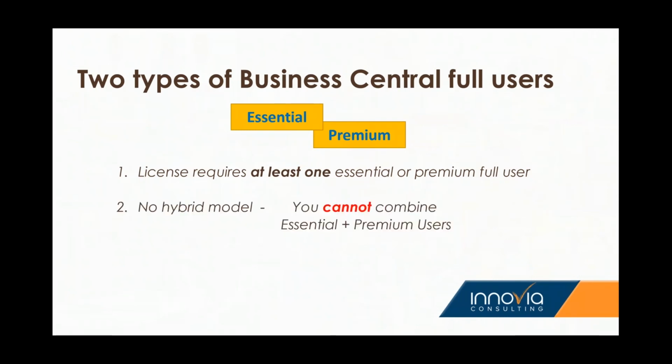Now, the next point is extremely important because you cannot combine essential and premium users. There's no hybrid model. What this means is that if you need the functionality that is offered in the premium, for instance, you have one person in the shop that needs manufacturing, but no other users do, you still need to purchase all premium licenses.